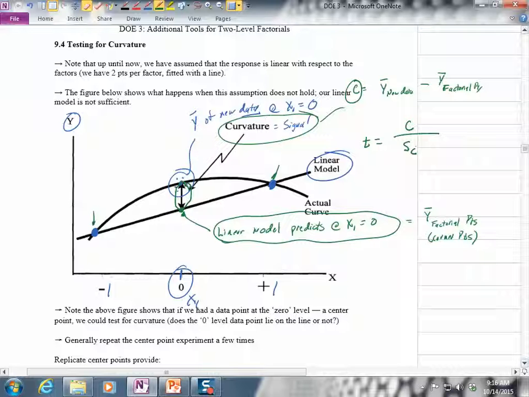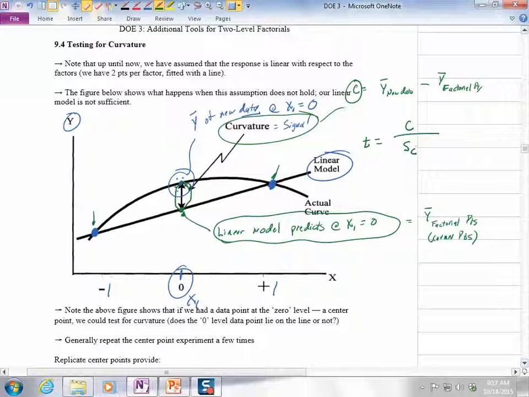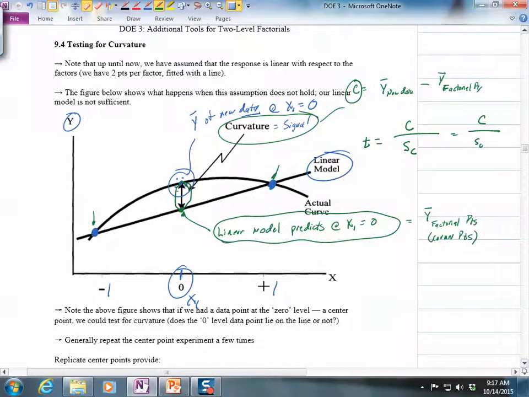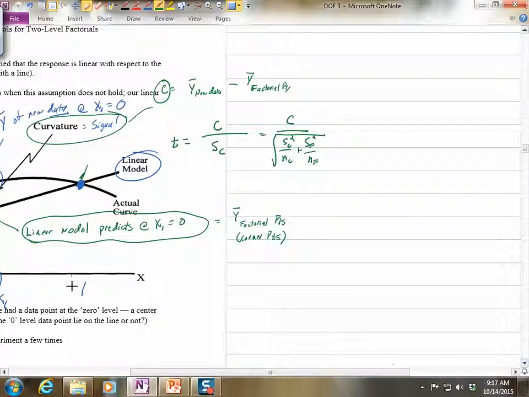The average of the new data minus the average of the factorial data. So the noise of a difference between two means is going to be SC squared over NC plus SF squared over NF. We've gone through that several times.